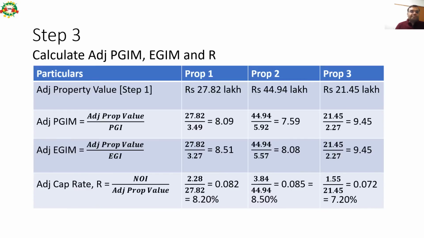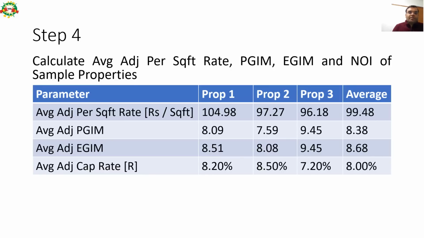In step number 4 we have to calculate the average of all these parameters as we have calculated in step number 3. So these are the averages. The average adjusted per square feet rate of the sample properties is equal to 99.48.